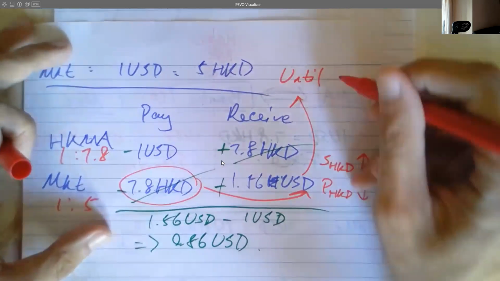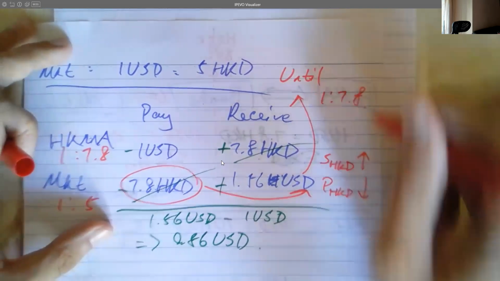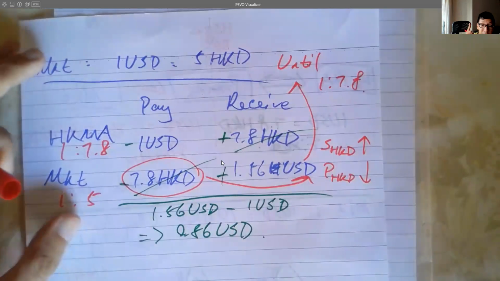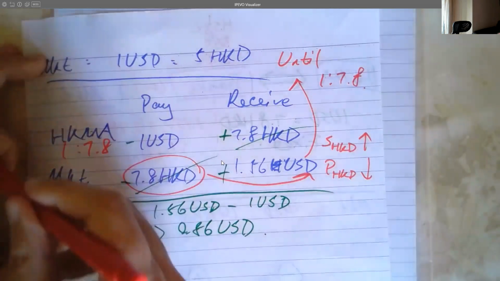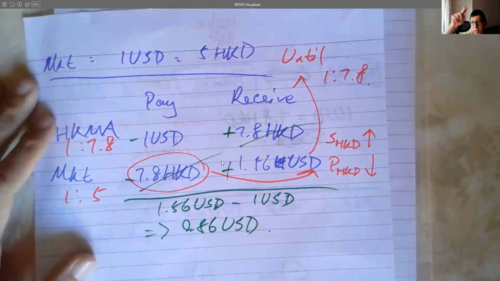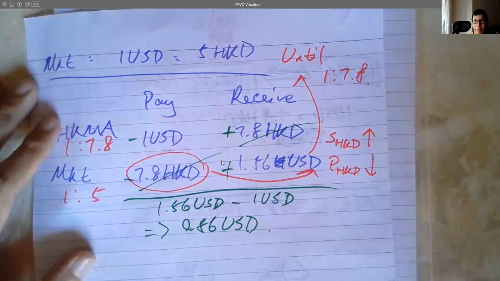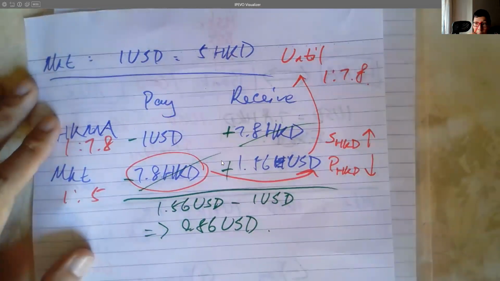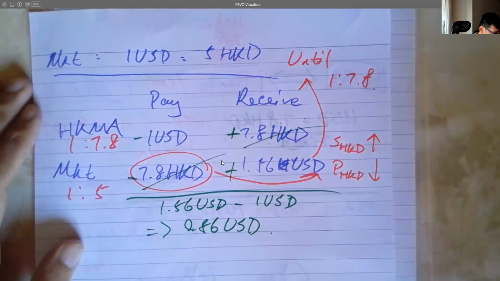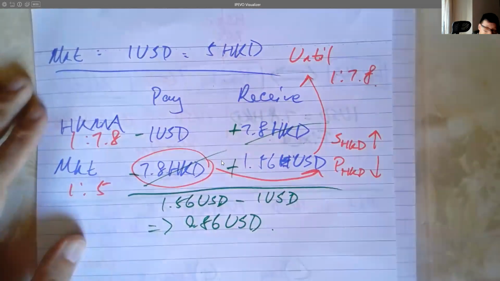Until it becomes 1 to 7.8 again. Now, of course, in reality, the market will be allowed to flow between 7.75 and 7.85. They give it some room to move, okay? So until it reaches that.